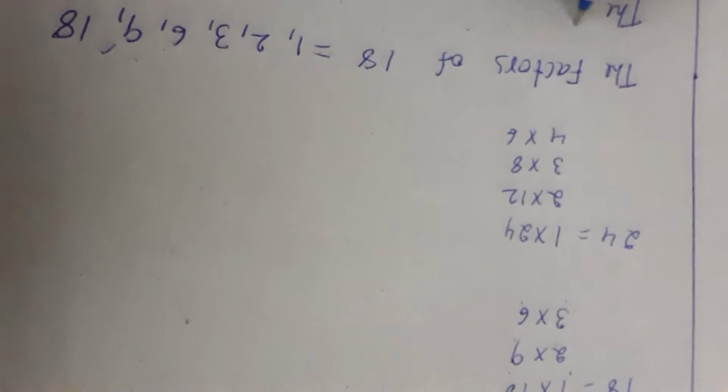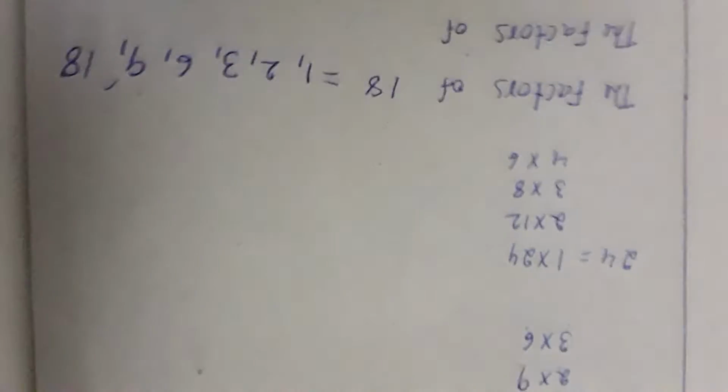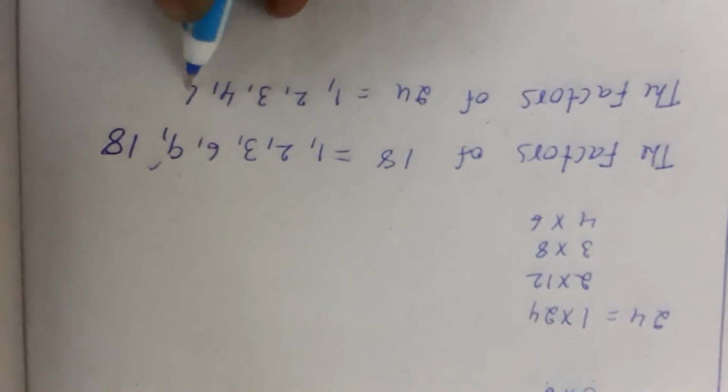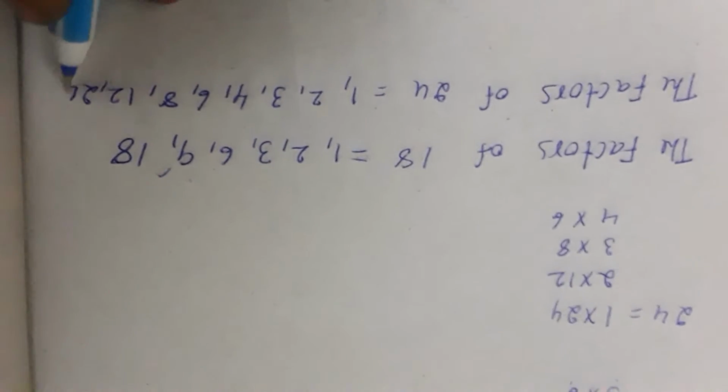The factors of 24 equal 1, 2, 3, 4, 6, 8, 12 and 24.